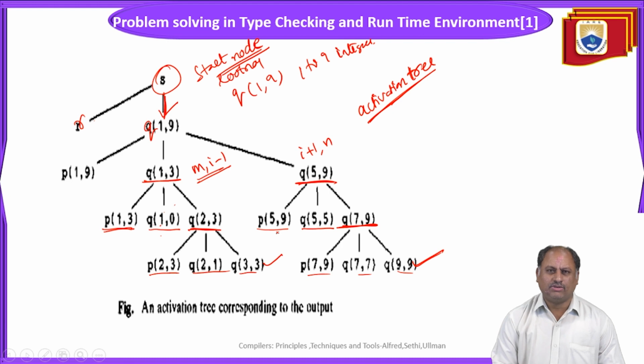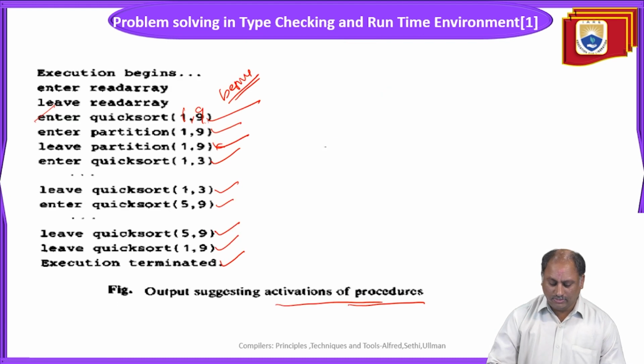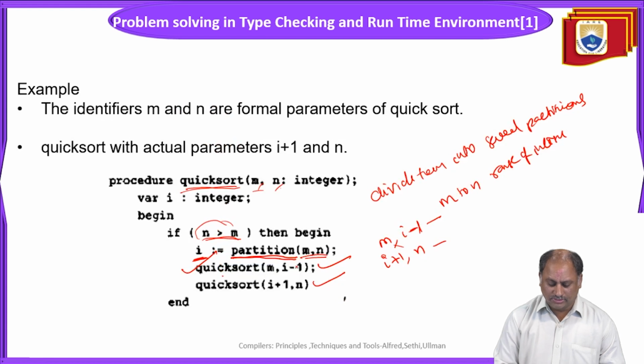Just now in the previous discussion we considered the algorithm. In this algorithm, see partition m comma n. Based on that partition, we define quicksort and then the second partition.